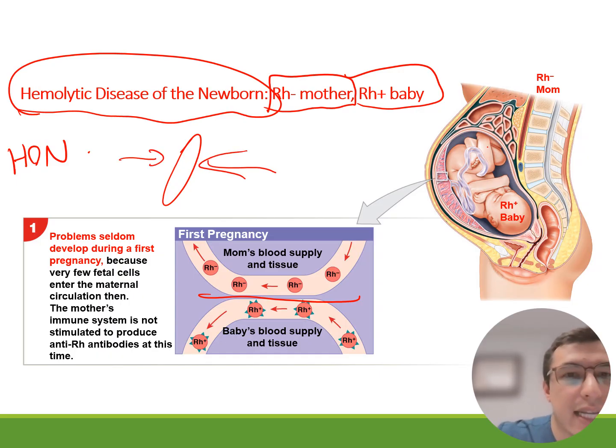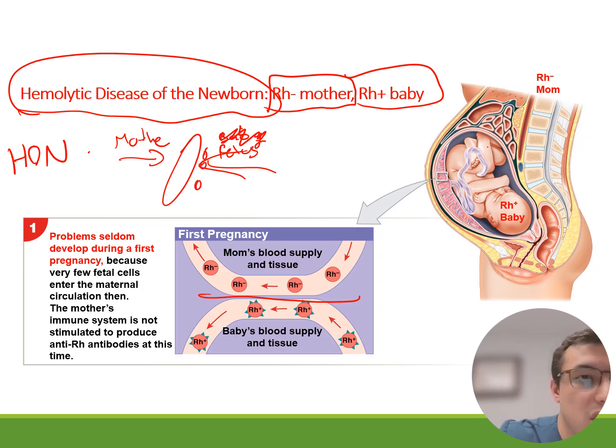There is an exchange of oxygen between a mother, we'll put it here, mother, and we'll put baby or fetus. So the fetus's red blood cells will come over here and they will take the oxygen away from the red blood cells of the mother.